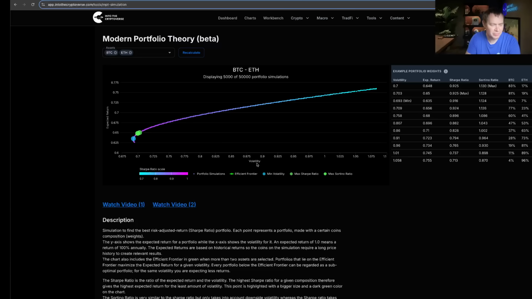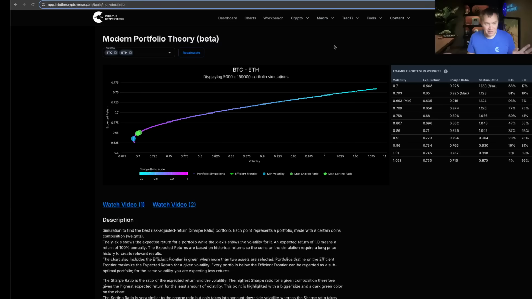So what this means is that in any given year, if you had a portfolio right here, consisting of Bitcoin and Ethereum, let's say 83% Bitcoin, 17% ETH, then your expected annualized return would be about 65%, 0.65, so 65% plus or minus 70%.